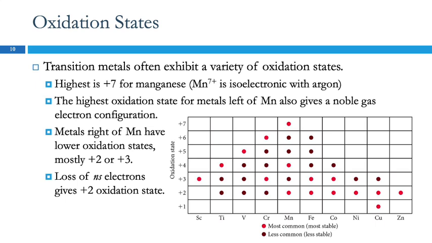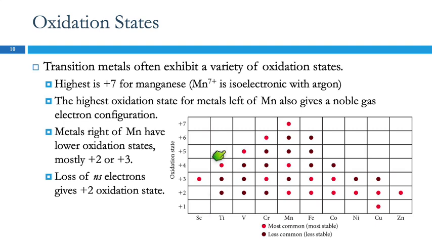Zinc is always 2 plus and silver is always 1 plus. Well, scandium is in there too. I left that out of the rule because when was the last time you did a problem with a scandium ion? Probably never, right? So we're not going to run into it. Let's not clutter our minds up with that little detail.